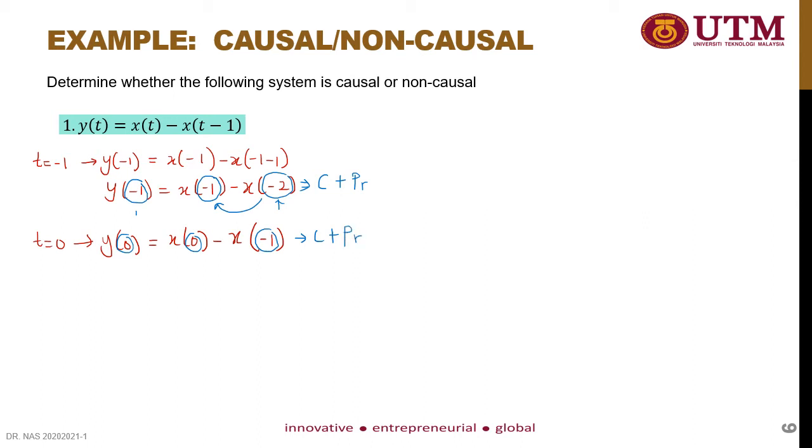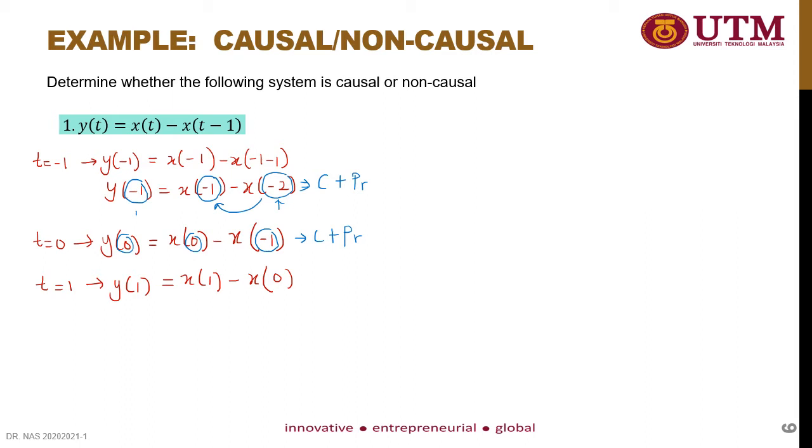Okay, let's try one positive value of t. So when you have t equal to 1, you have y(1) equal to x(1) minus x(1 minus 1), which gives x(0). Okay, let's compare the states.